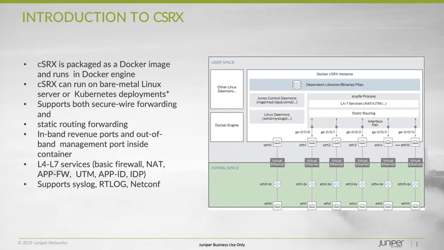It's like a bump in the wire, which means traffic goes into one of the virtual interfaces and out another one, so we can't do routing or MPLS or anything like that. But that's fine, because usually this is only protecting a specific application, or in this case, a specific container. So we can apply layer 4 up to layer 7 services to protect that specific one, most likely for east-west traffic within a data center.